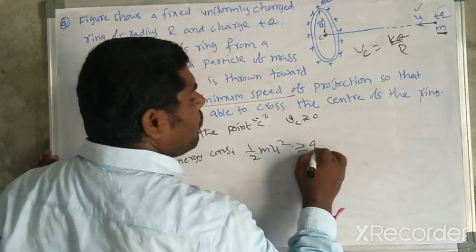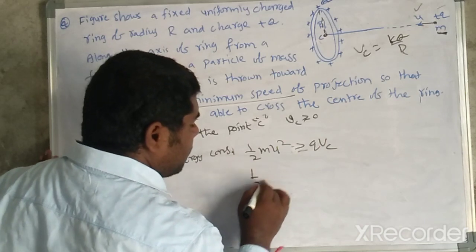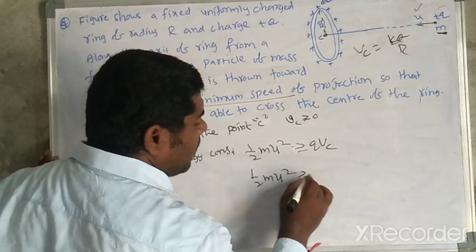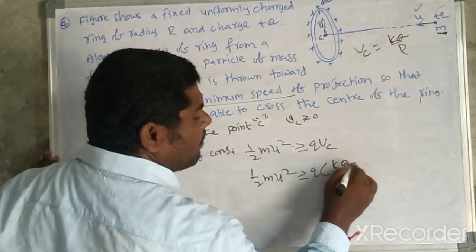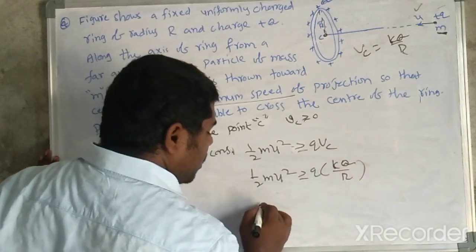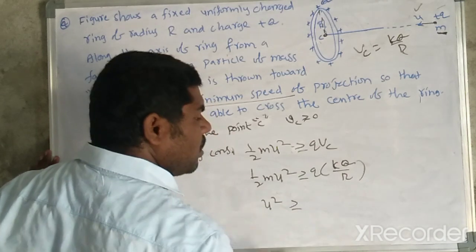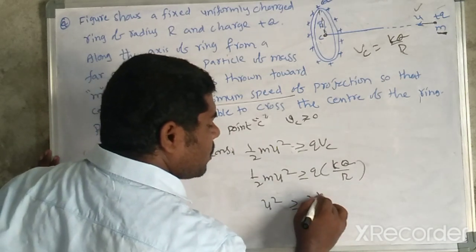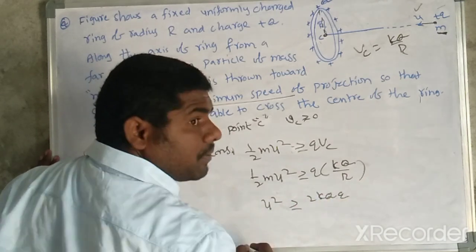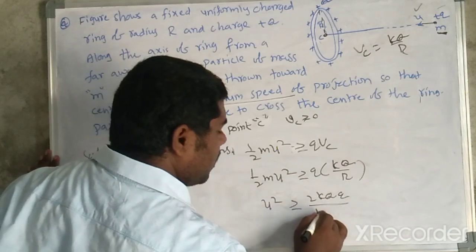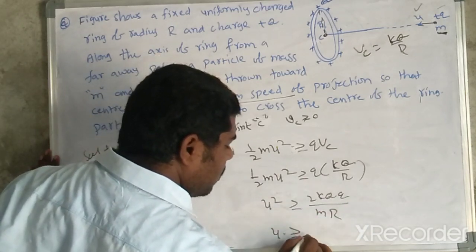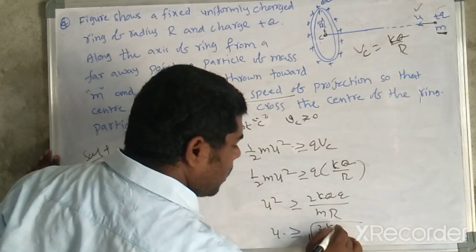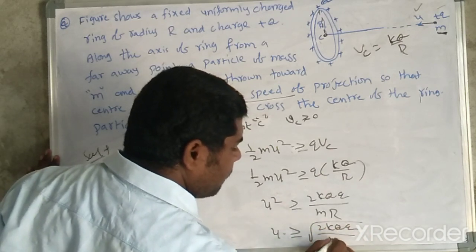So 1 by 2 m u square is more than or equal to q into K into capital Q divided by R. So u square is more than or equal to 2 K Q q divided by m into R. So u is more than or equal to under root of 2 K Q q divided by m into R.